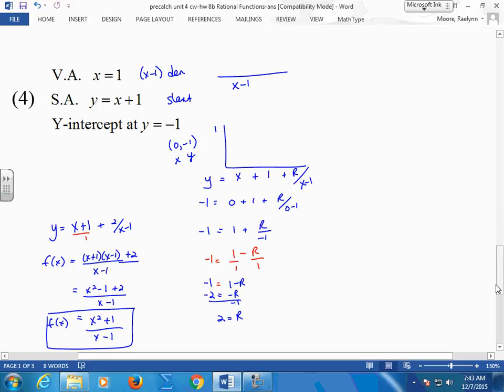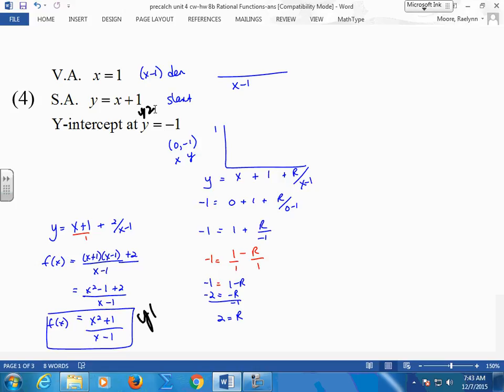Use the point, one of your zeros is located at 0, negative 1. Use that point. At the very end, put this in your y1, put your slant asymptote in your y2. If your slant asymptote isn't guiding your end behavior, you'll see that your equation was wrong. So it's a nice way to check your equations.